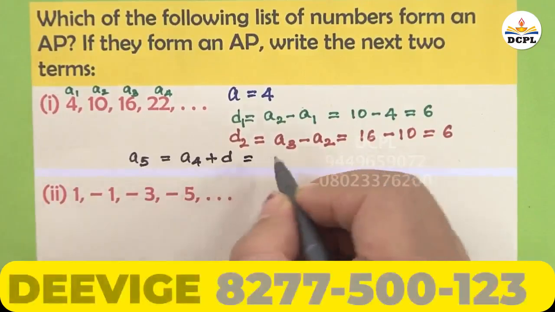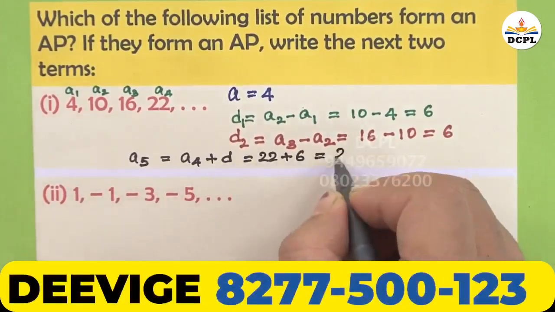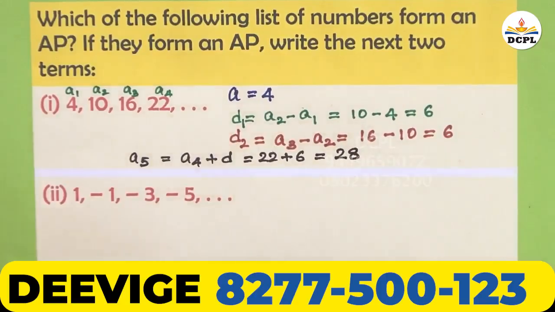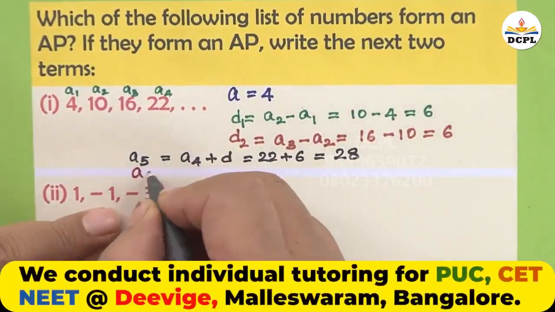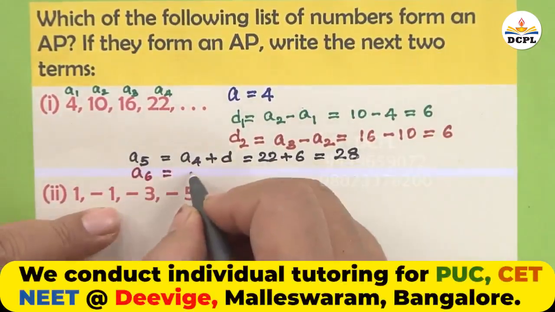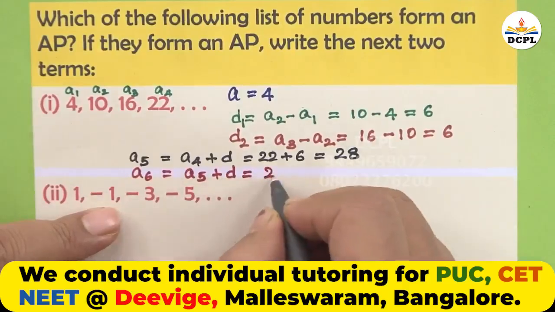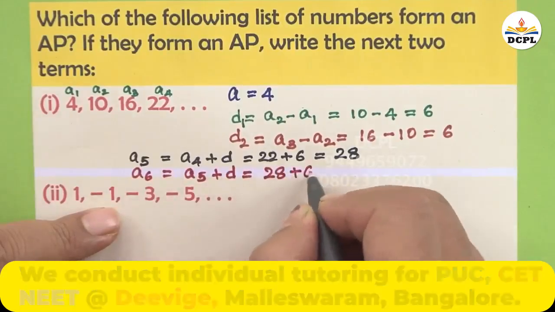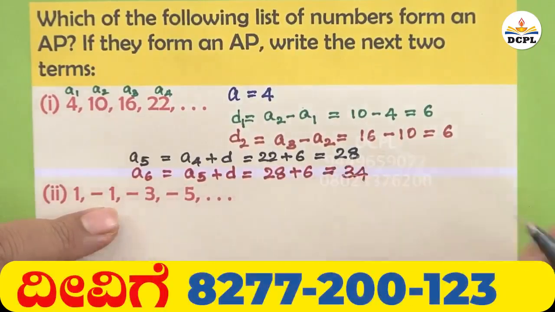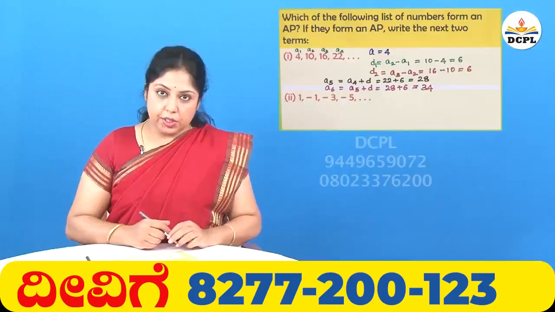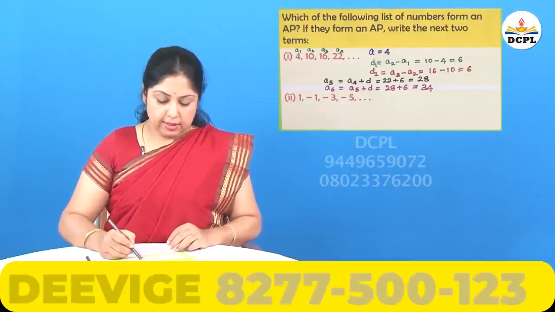The previous term here is 22, so 22 plus 6, the next term is going to be 28. Now A6 is A5 plus the common difference, so 28 plus 6, which is equal to 34. So the next two terms of the given AP are 28 and 34.